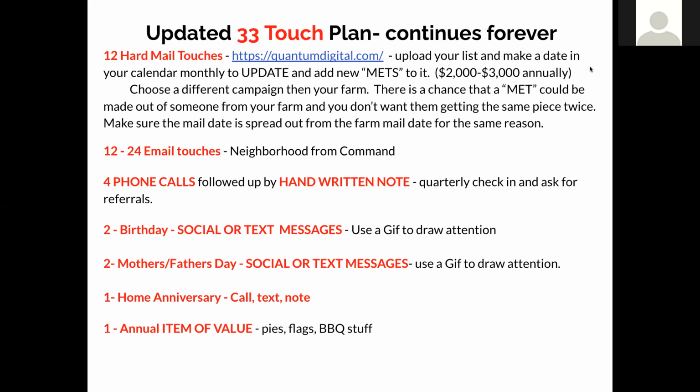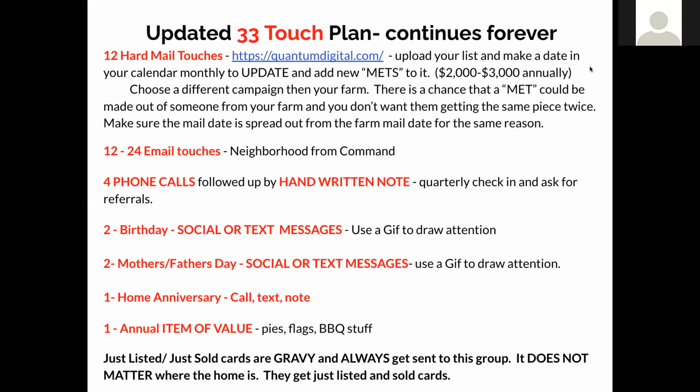What you don't see on here, but it's also very important, is just listed and just sold cards. Just listed and just sold cards are gravy, and they will always be sent to this group of people every single time. Everybody who's in your 33 touch plan will get your just listed, just sold cards. So those are additional touches that they will have from you during the year.